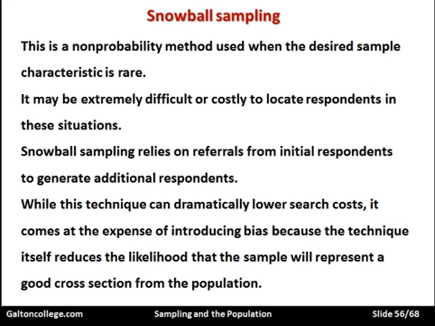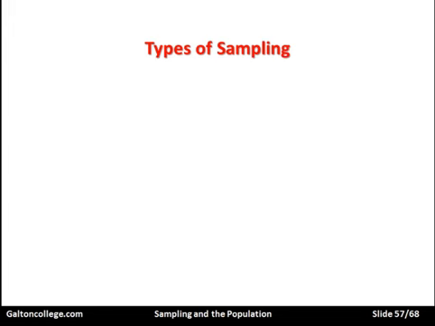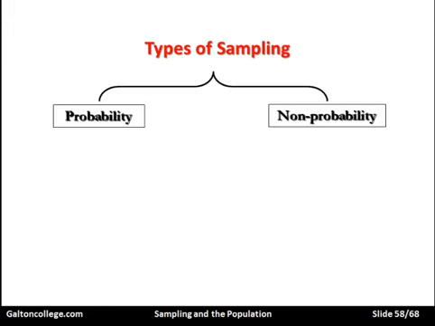Now let's schematically look at where we've got to. We're looking at types of samples. So we've said we have probability and non-probability. Now with probability we have simple random sampling, which means drawing from the population, drawing a sample of a certain size, and each member of the sample has an equal chance of being selected.